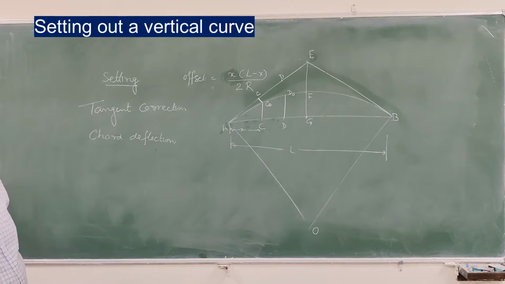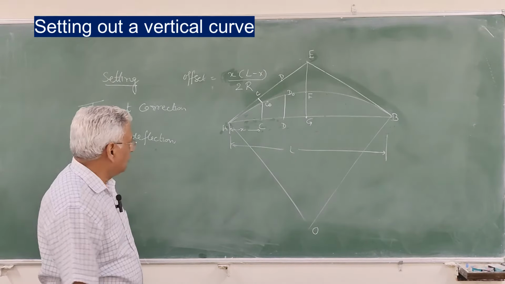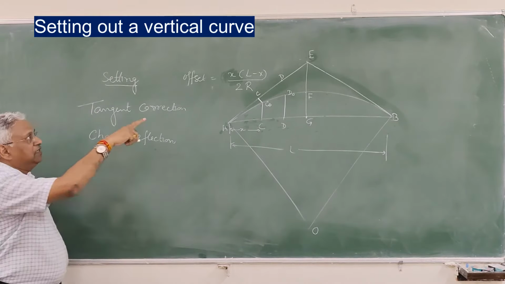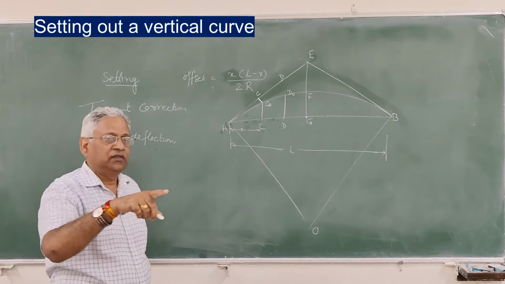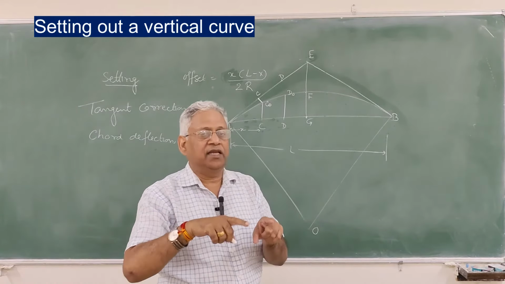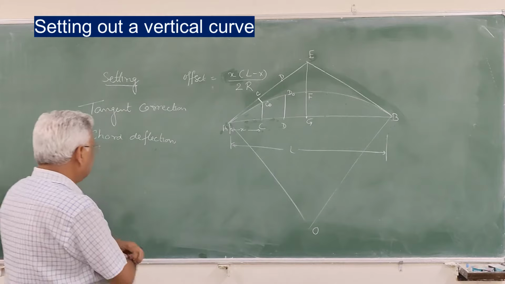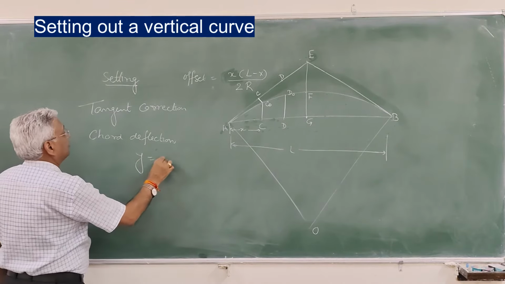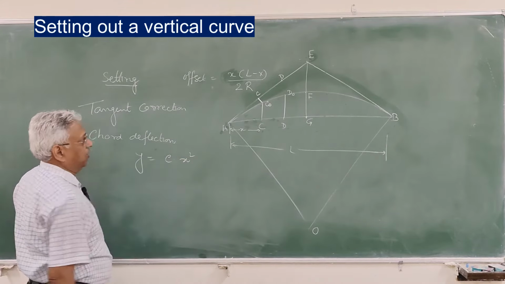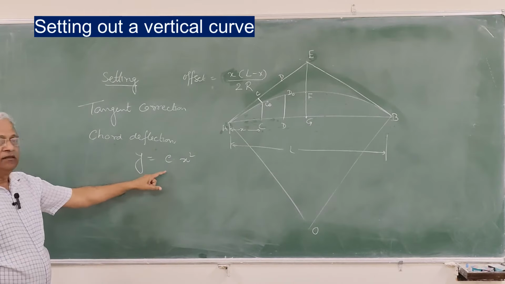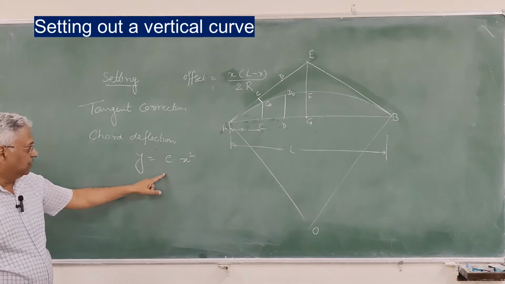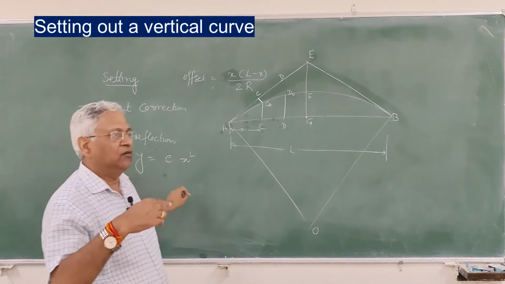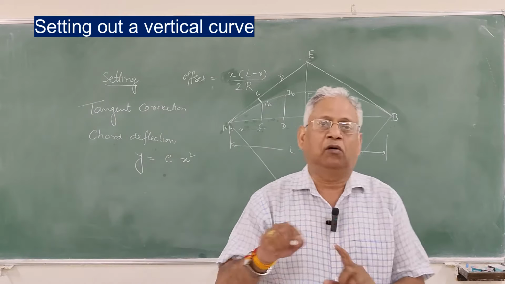Determine CC0. Now this CC0, that is basically in the case of vertical curve, it is laid as a parabola, second degree parabola. Y is equal to C into x square. The basic idea behind this equation is that rate of change of gradient should be constant.